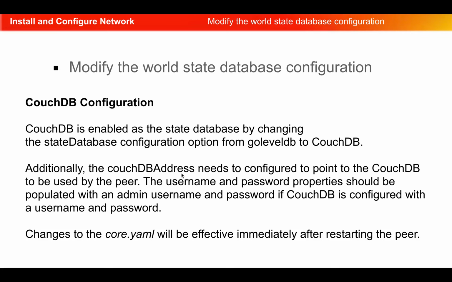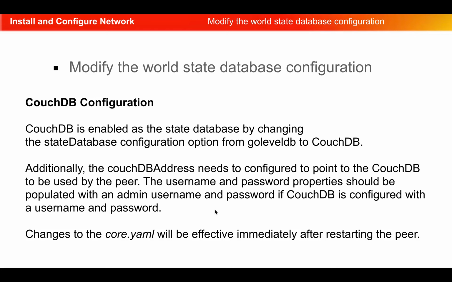Additionally, the CouchDB address needs to be configured to point to the CouchDB to be used by the peer. The username and password properties should be populated with the admin username and password if CouchDB is configured with a username and password. These changes have to be done in core.yaml and will be effective immediately after restarting the peer.